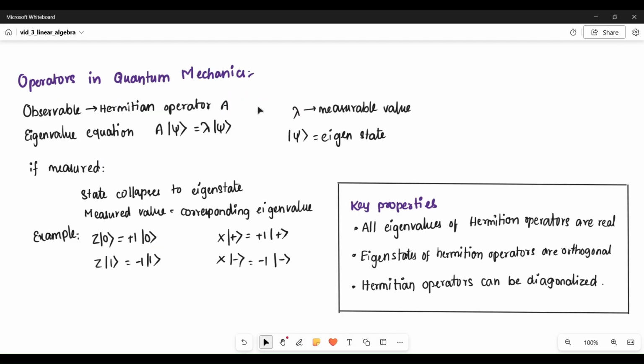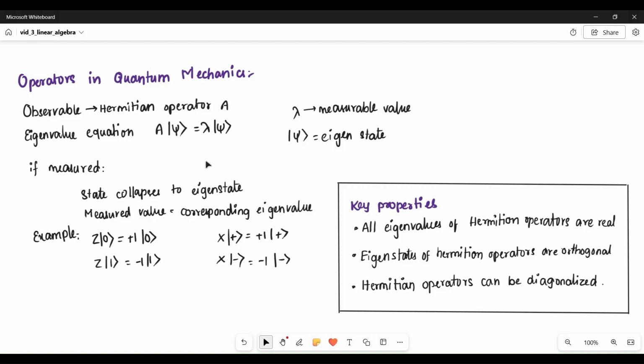Let's now explore a foundational concept, quantum operators and eigenvalues. In quantum mechanics, observables like energy, position, or spin are represented by Hermitian operators. These are special matrices that are equal to their own conjugate transpose. The key equation here is the eigenvalue equation.